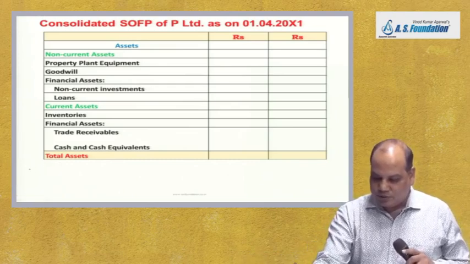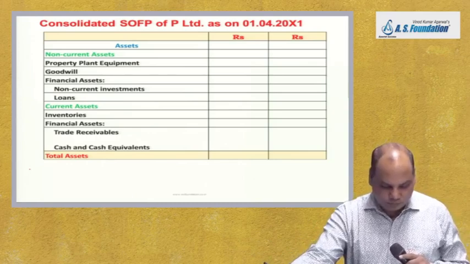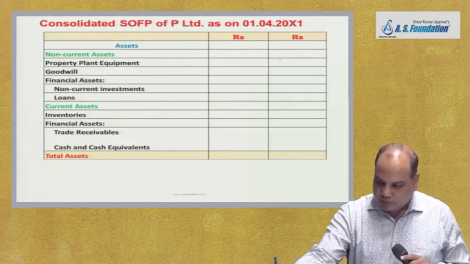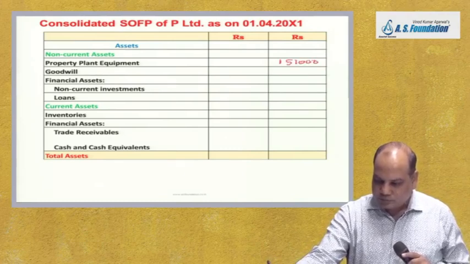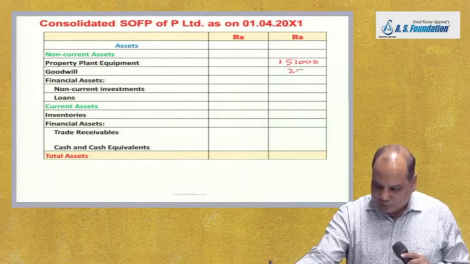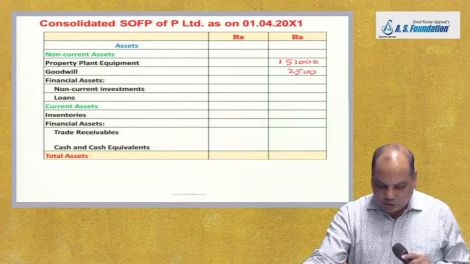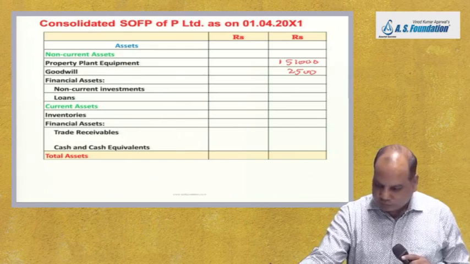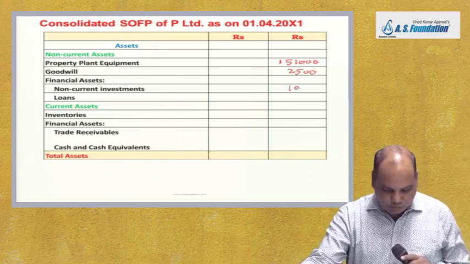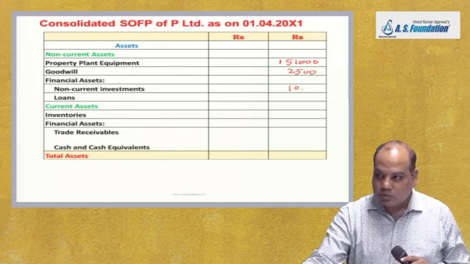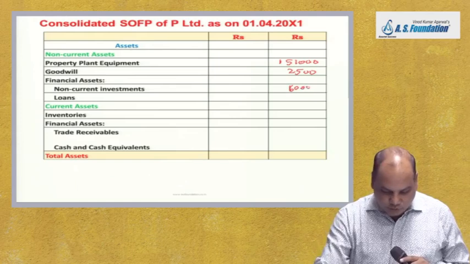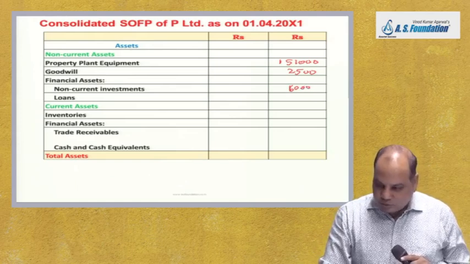Start, help me. You have a calculator. Property, plant, equipment. How much is the total? 51,000. How much goodwill you got? 2,500. How much is the non-current investment? Non-current investment is 10,000, no? 10,000 is the loan. Loan will not come.